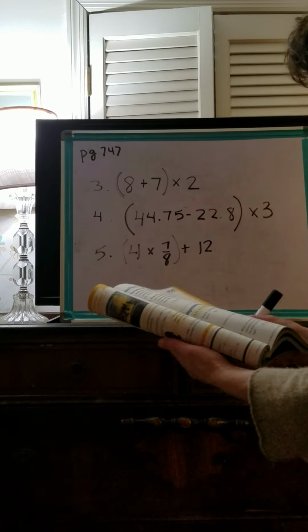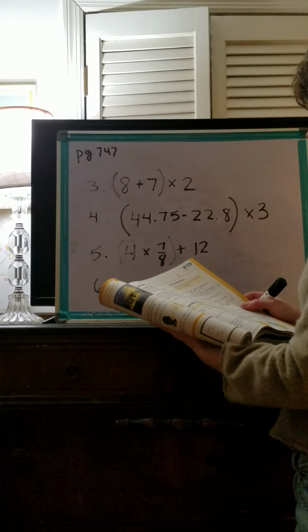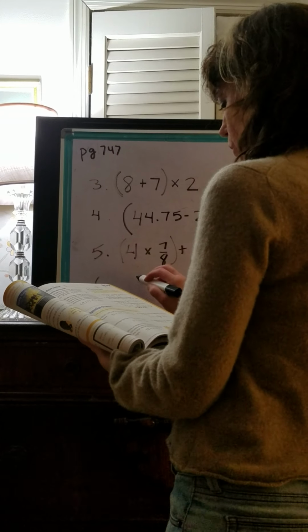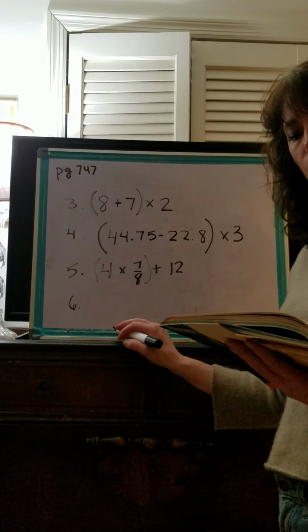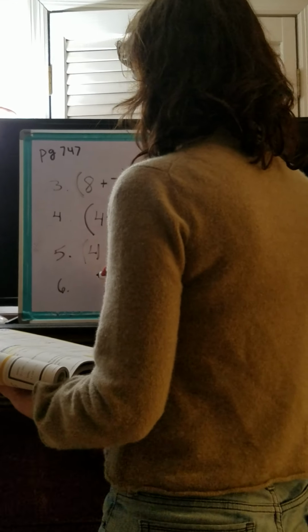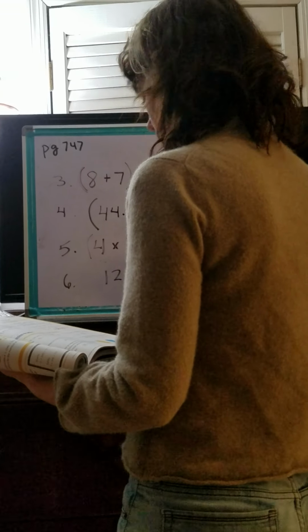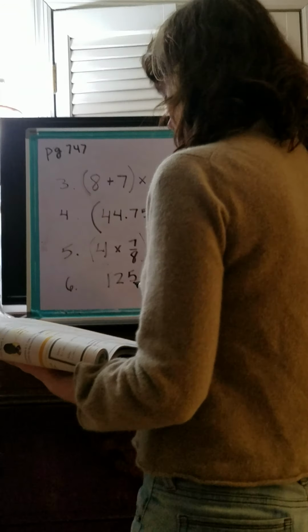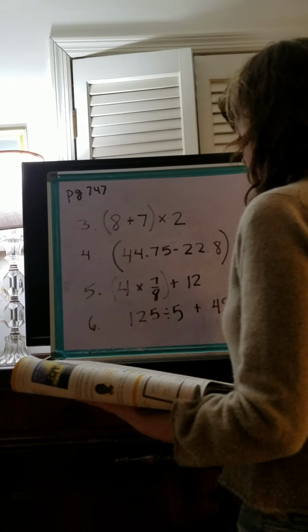Okay, let's look at number 6. Add 49 to the quotient of 125 and 5. Quotient means division. So the quotient of 125 divided by 5, and then we want to add 49 to that.